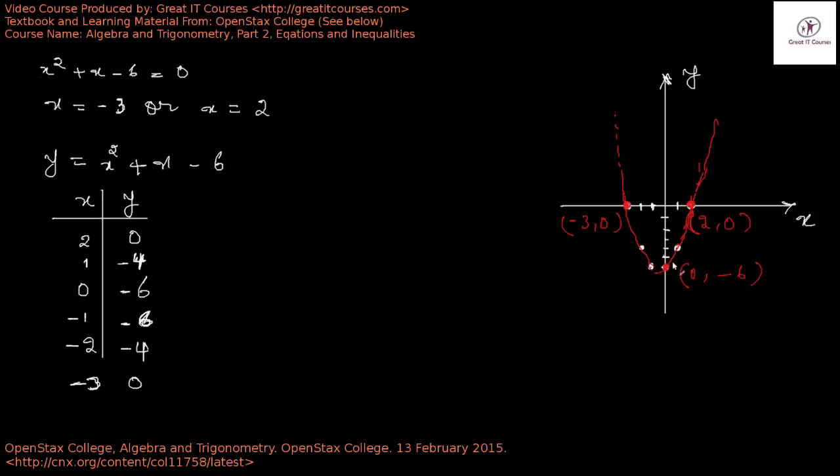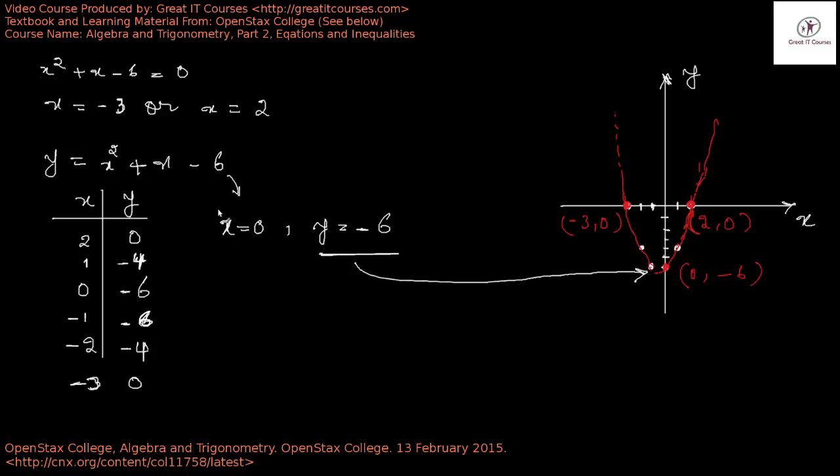Now if I had equated x is equal to 0 in this equation, then y would have become, this would have gone to 0, this would have gone to 0, and I would have ended up with -6. And this is exactly this point over here.